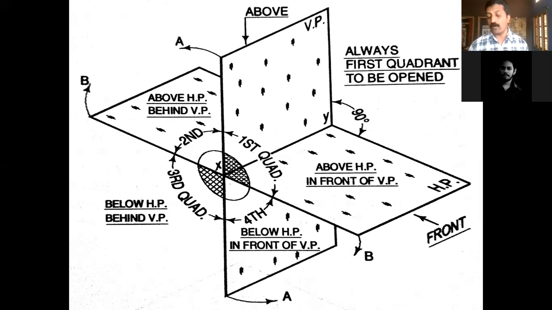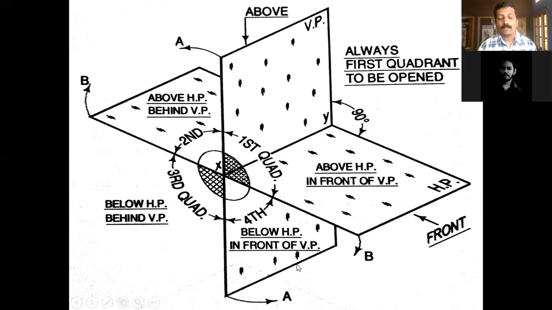So this is the second quadrant. Coming to the third quadrant, assume that the object is here. Look at the cursor. The position of this object with respect to HP and VP is below HP and behind VP. Then we can call this the third quadrant.